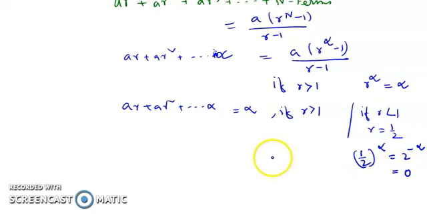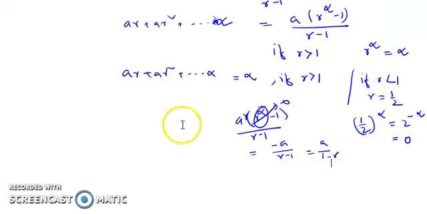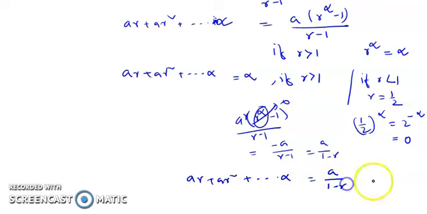So if you put this in the equation a into r to the power infinity minus 1 divided by r minus 1, this term becomes 0, so you will get minus a by r minus 1, equal to a by 1 minus r. So that is the equation: the infinite sum is equal to a by 1 minus r if r is less than 1.